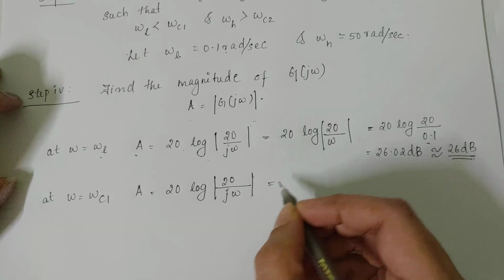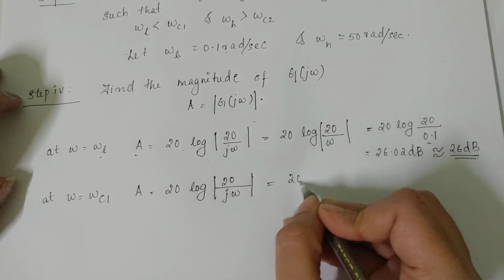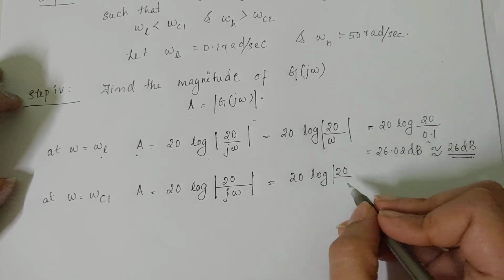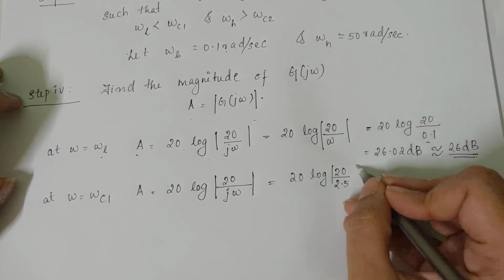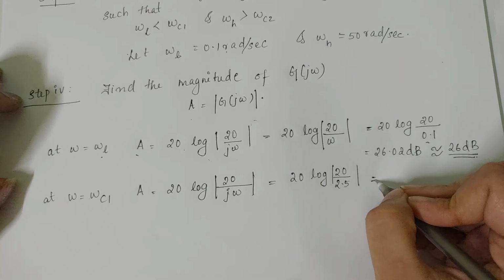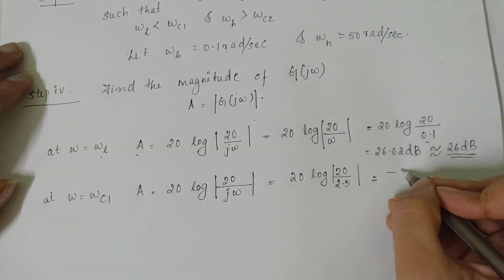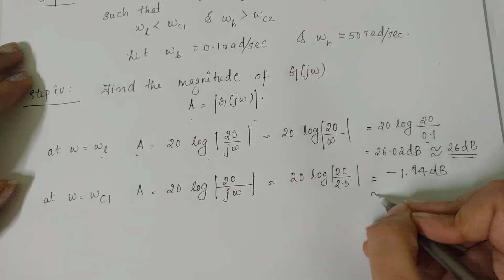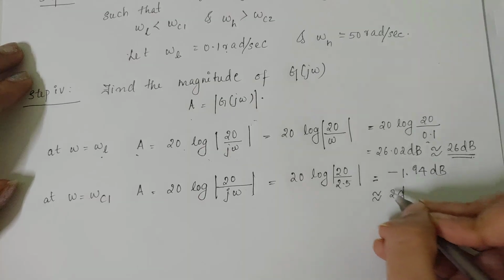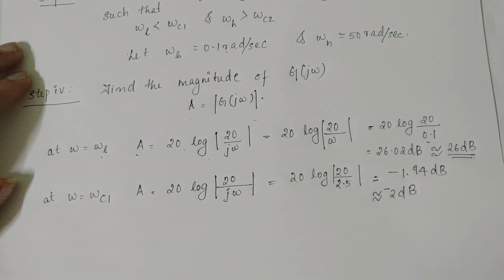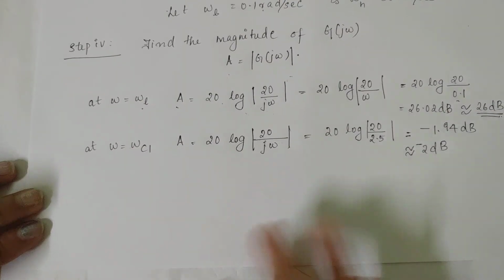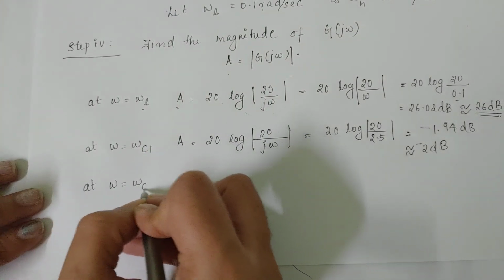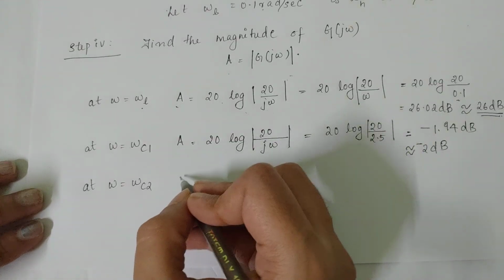Okay, so here omega should be given omega C1 value: 20 log mod 20 by omega C1, which is 2.5, which is equal to minus 1.94 dB, which is approximated as minus 2 dB. Okay. Now, at omega is equal to omega C2, I have a different equation.